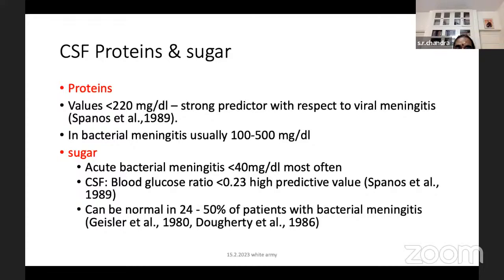But it can be normal in bacterial meningitis also. So if the sugar is very low and the cell count is polymorphic and proteins are marginally elevated in a patient with acute bacterial meningitis, it is very useful for you. But if it is not there, it does not exclude. That is the inference.